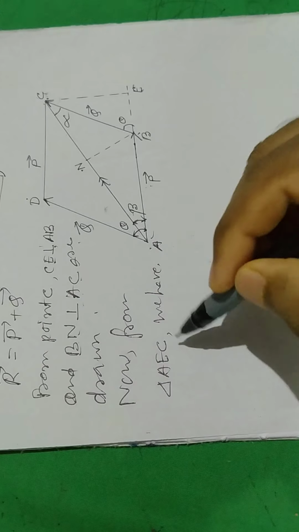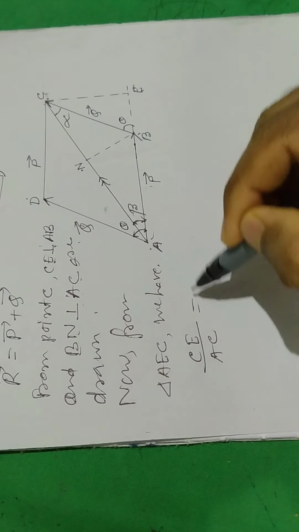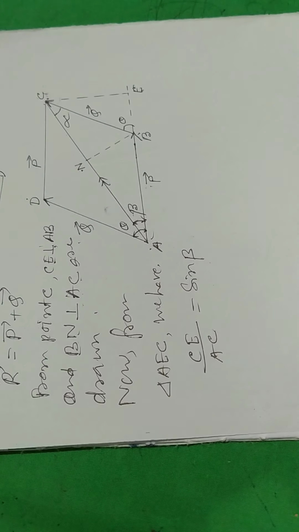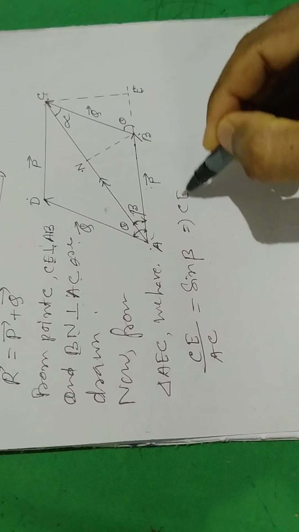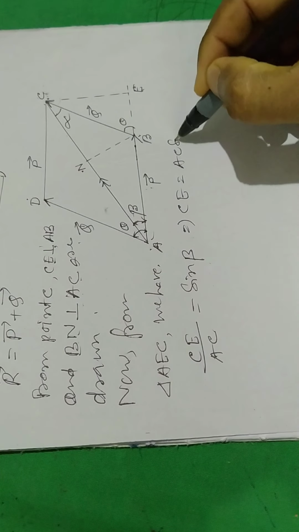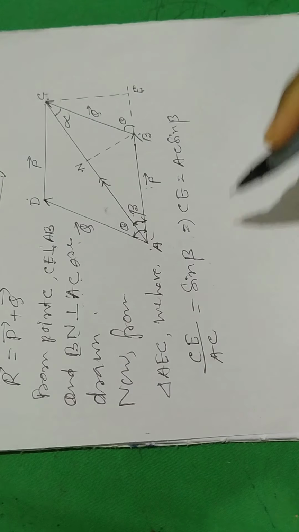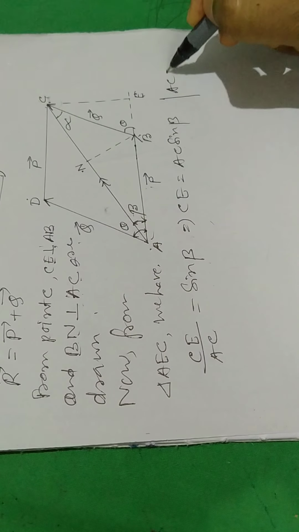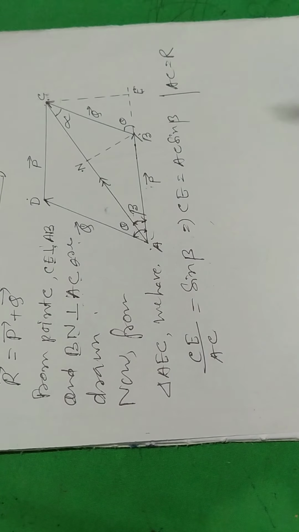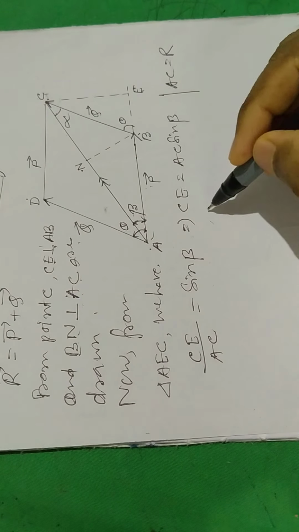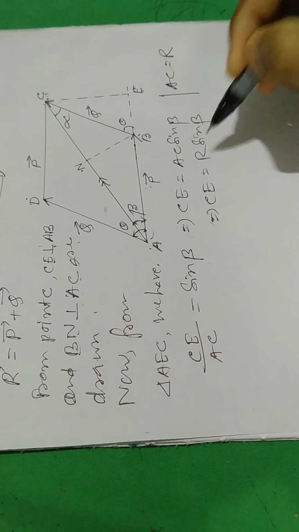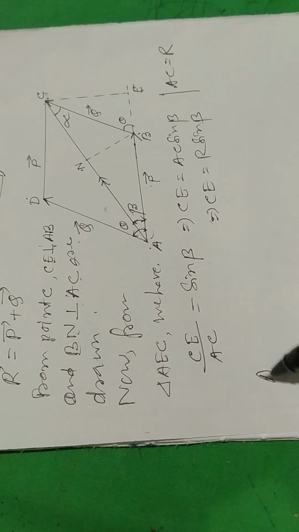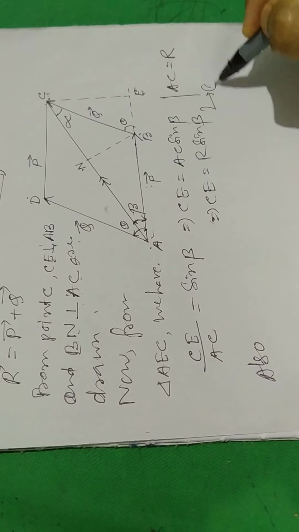So CE by hypotenuse AC equals sine of beta, perpendicular by hypotenuse. So CE equals AC sine beta, but AC is R, the resultant vector. Therefore, CE equals R sine beta. This is equation number 1.